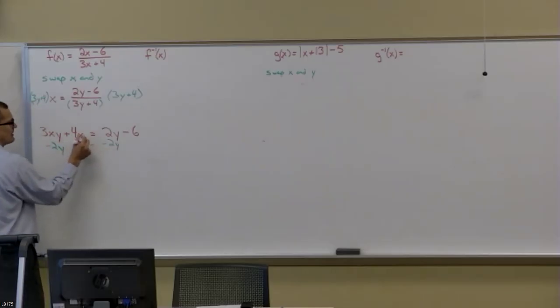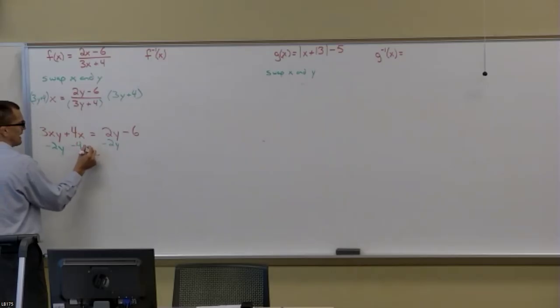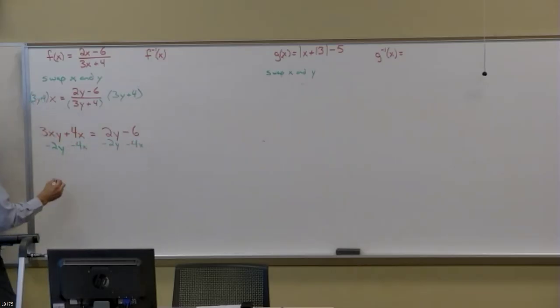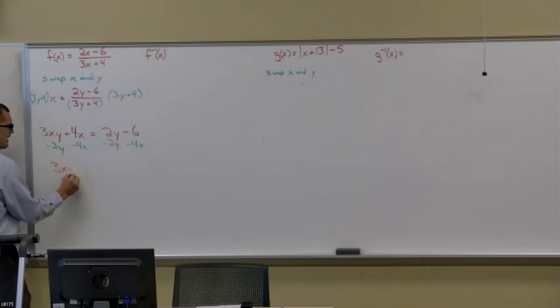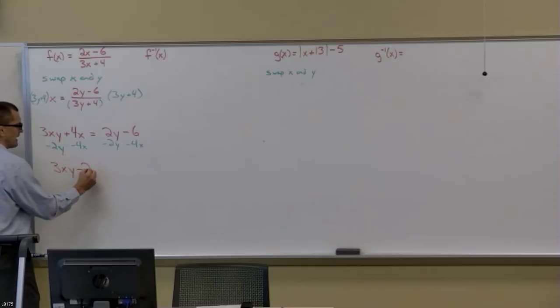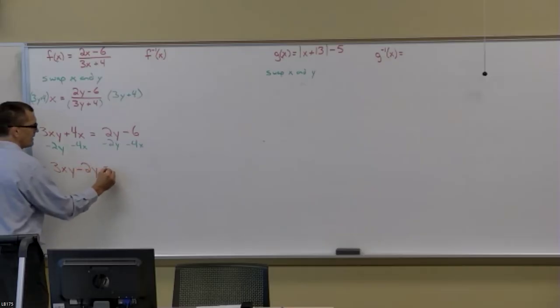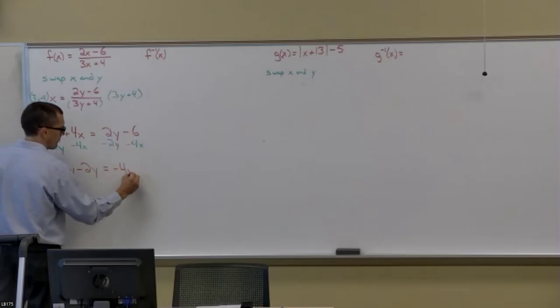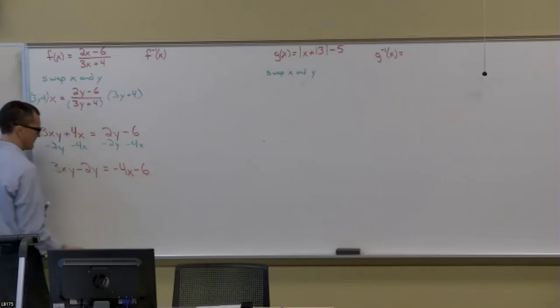And then I'll get rid of this 4x as well, so I'll subtract 4x from both sides. We'll end up with 3x times y minus 2y is equal to negative 4x minus 6.